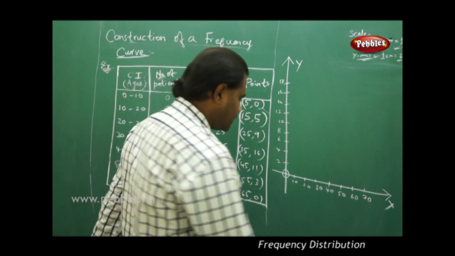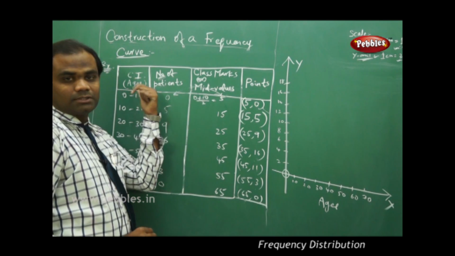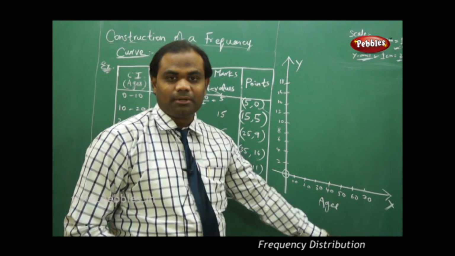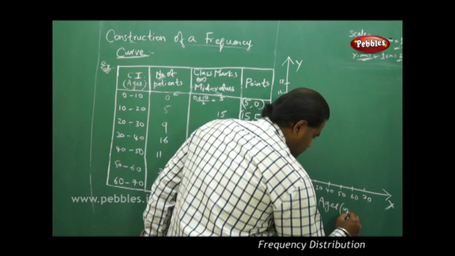Here I take ages, because the class interval is about ages, so the subject of the x-axis should be ages. Of course ages are taken in years, so I also mention the units.